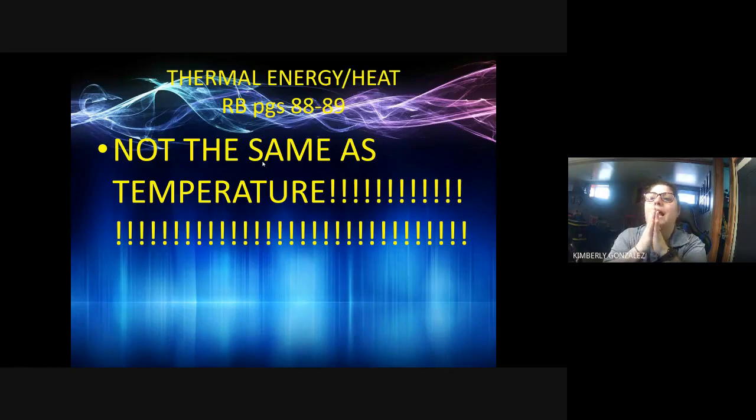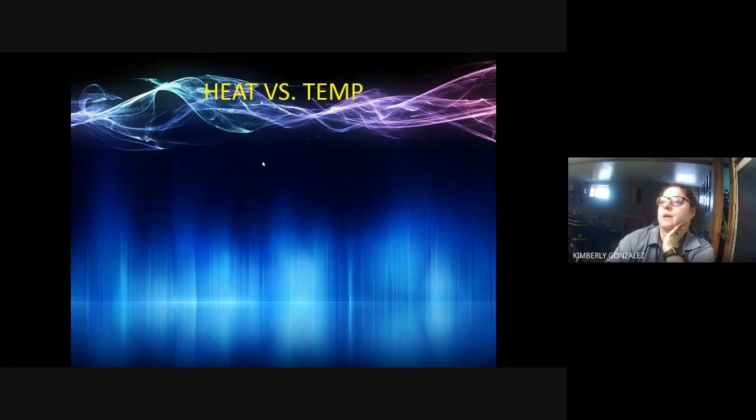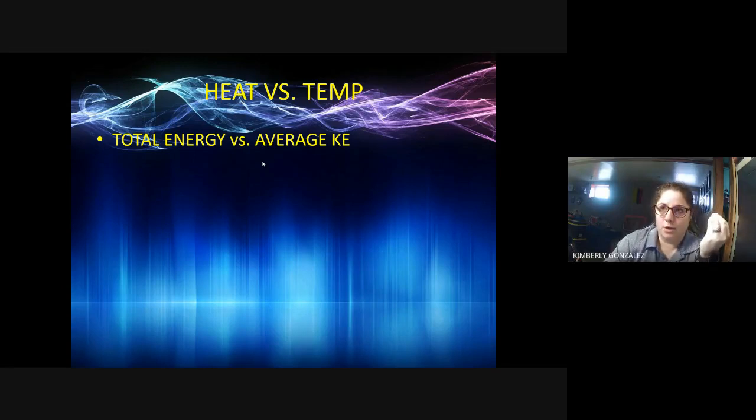Temperature is a number. Heat or energy is not just a number. Okay? So heat is the total amount of energy, whereas temperature is the average kinetic energy. Okay? Everything on the left is going to be heat. Everything on the right is going to be temperature.